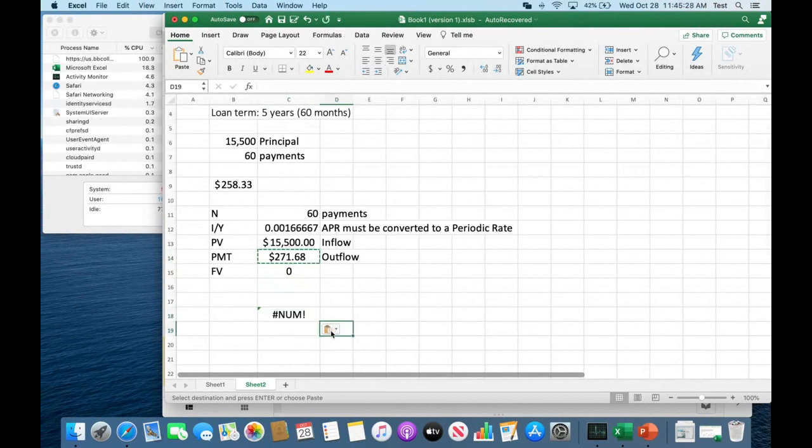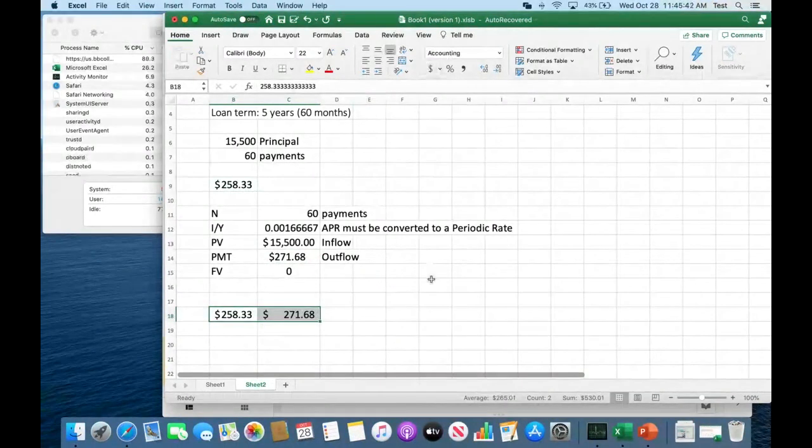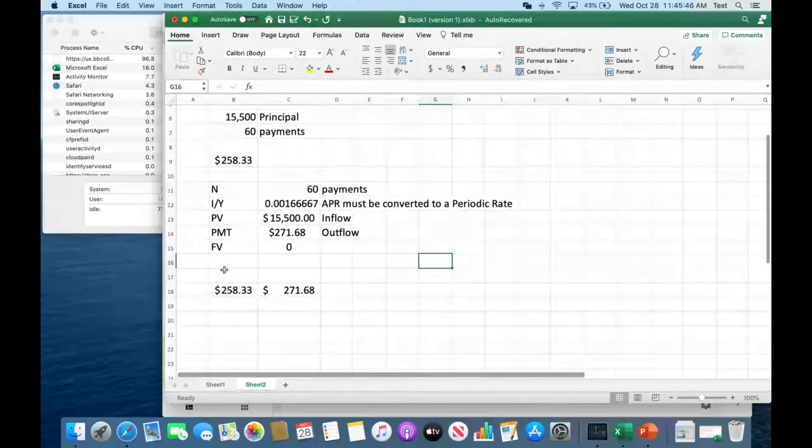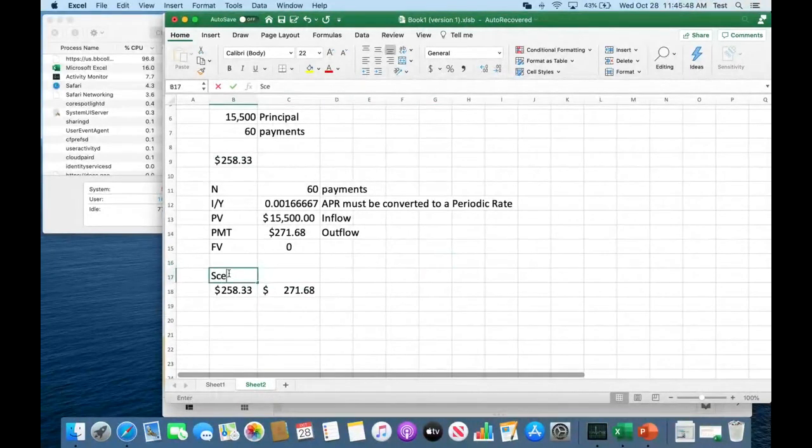I'm pasting the formula. There we go. Let's put this value right beside it, and let's make them both just in dollars. There we go. And so what a lender or a financer will do is they'll say this is scenario A, this is scenario B.